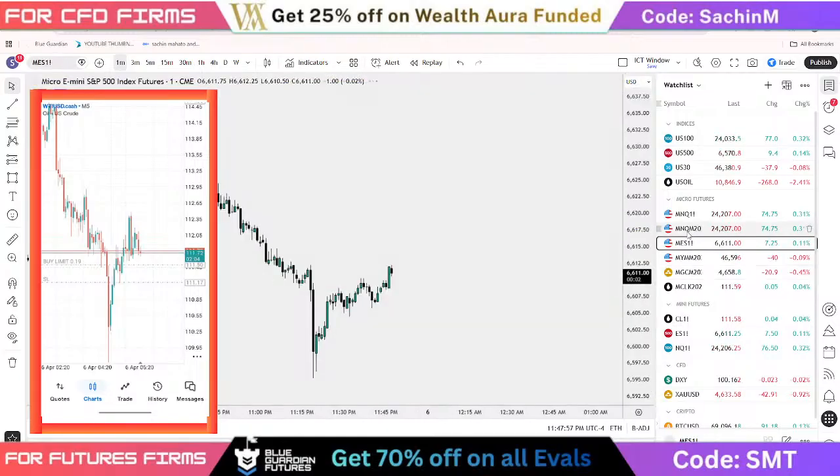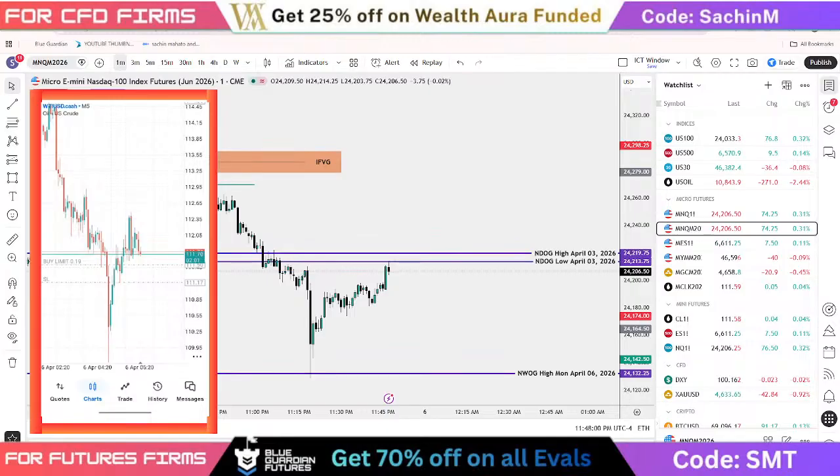Let's look at MNQ if it's doing something. I think the market has given a market structure shift. Has it? MNQ has given a market structure shift. Has it?